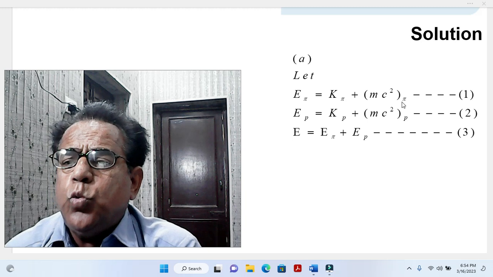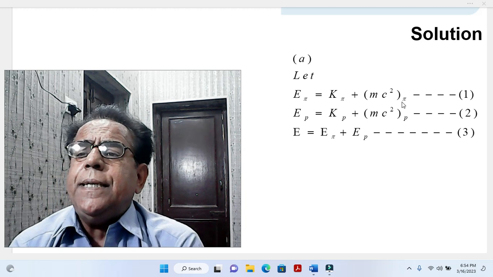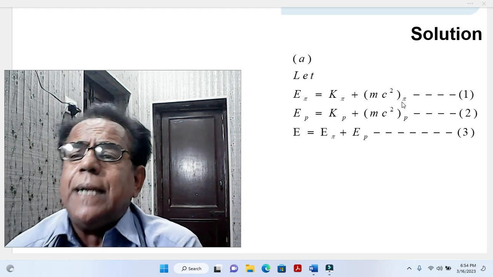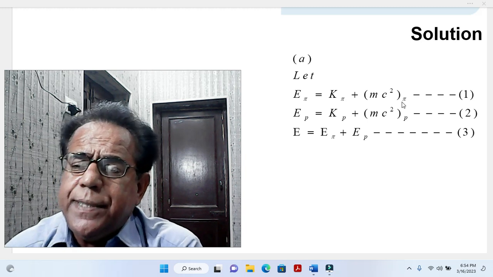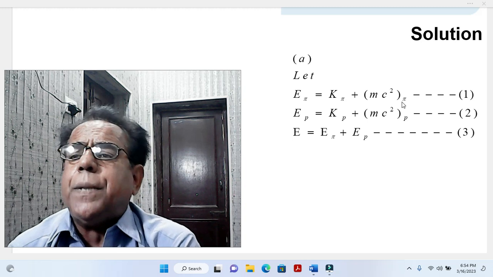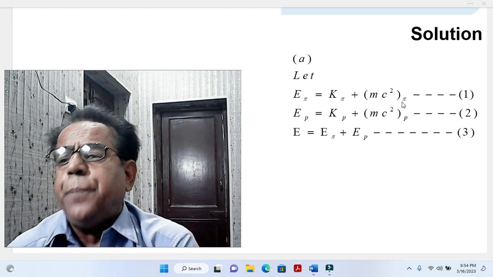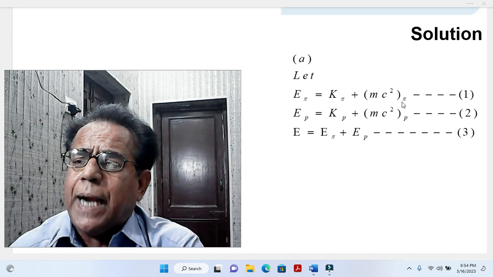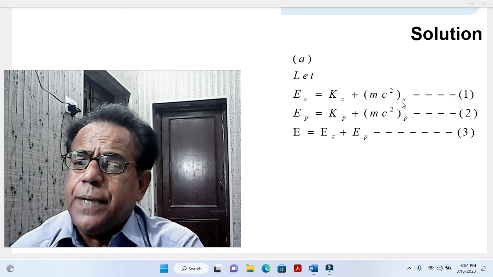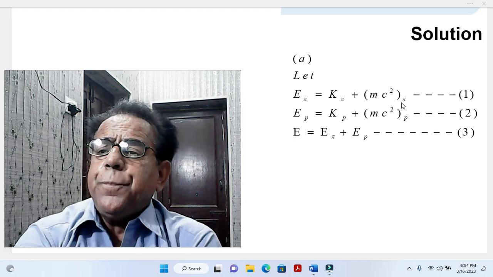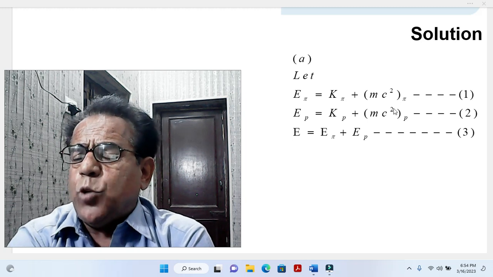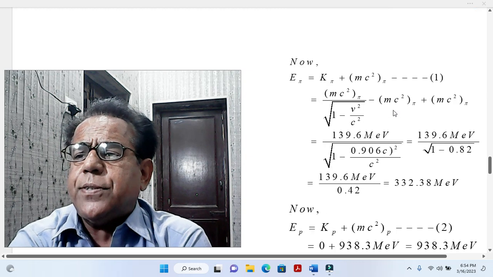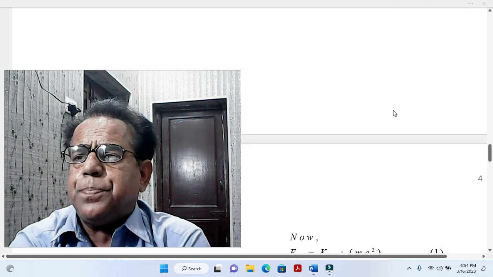Equation 2: E_p = K_p + mc²_p, that is, relativistic energy of proton is equal to kinetic energy of proton plus rest energy of proton. In equation 3 both these equations have been added, that is, total energy is equal to energy of pi-meson plus energy of proton. We will use these three equations to get our solution.